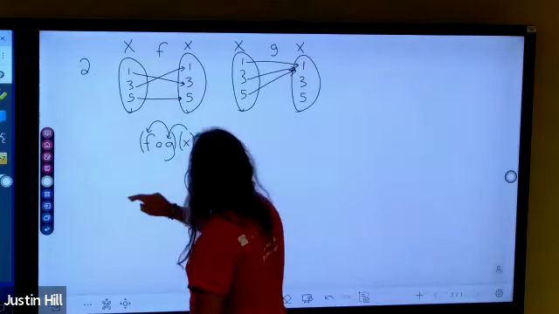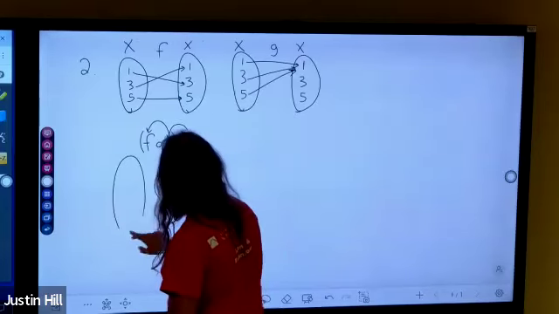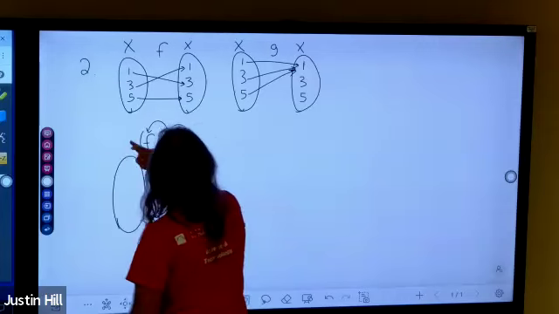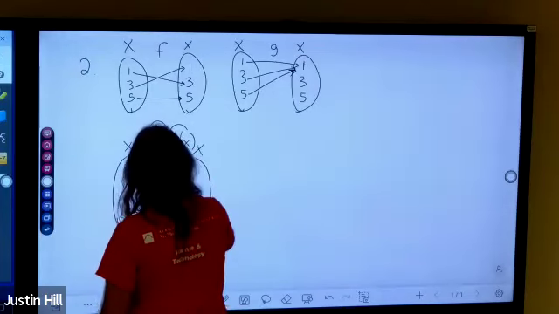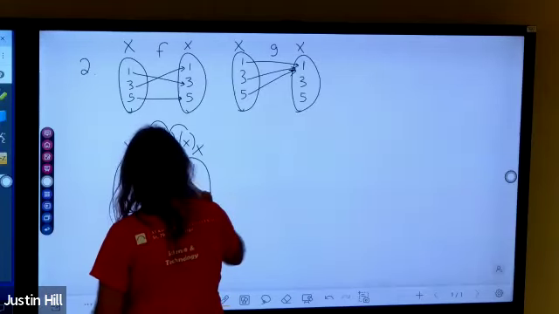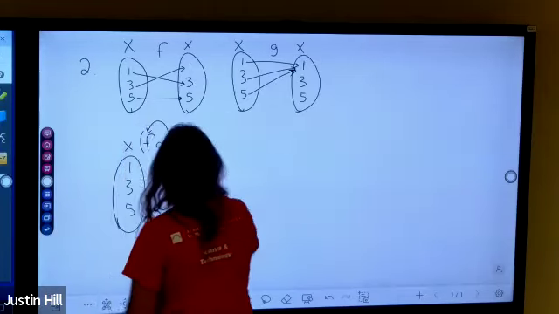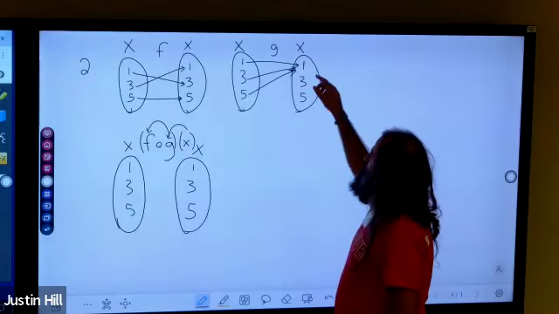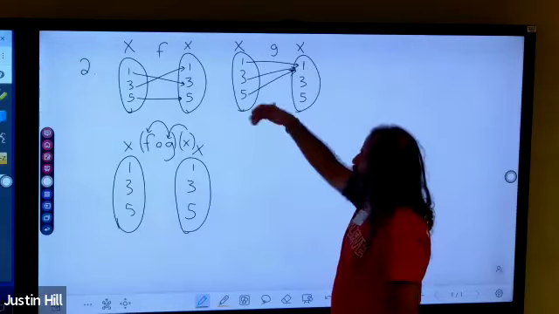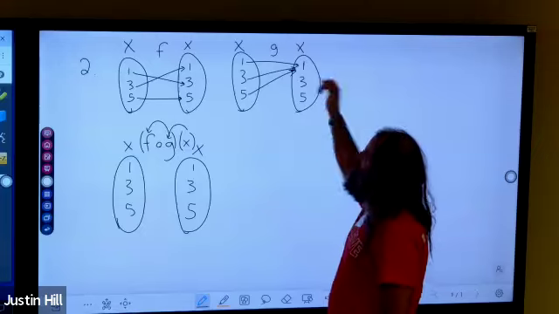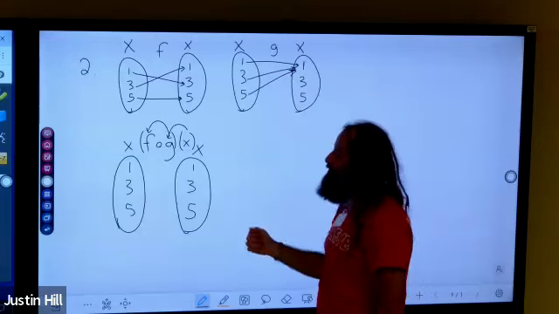So for F compose G, we're going to go back to our arrow diagrams here, and we're going to trace this action. We're going to start with all three of our inputs, 1, 3, and 5, but we're going to start in G. So let's start with 1.